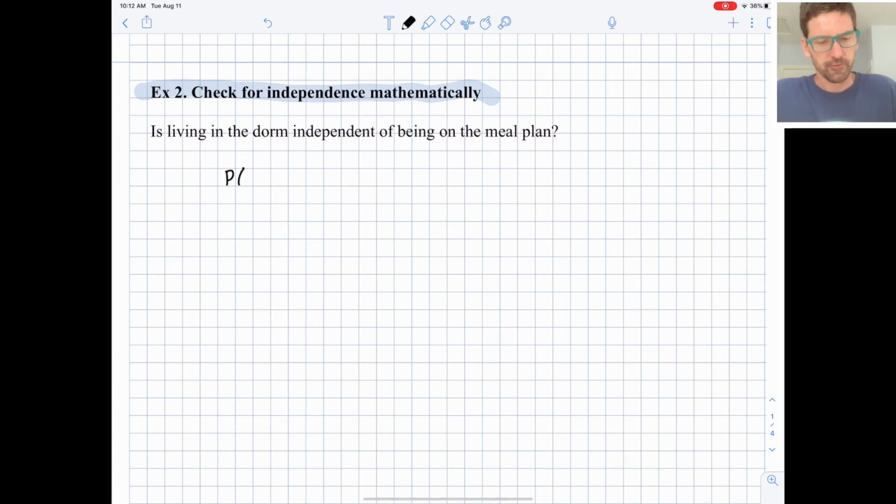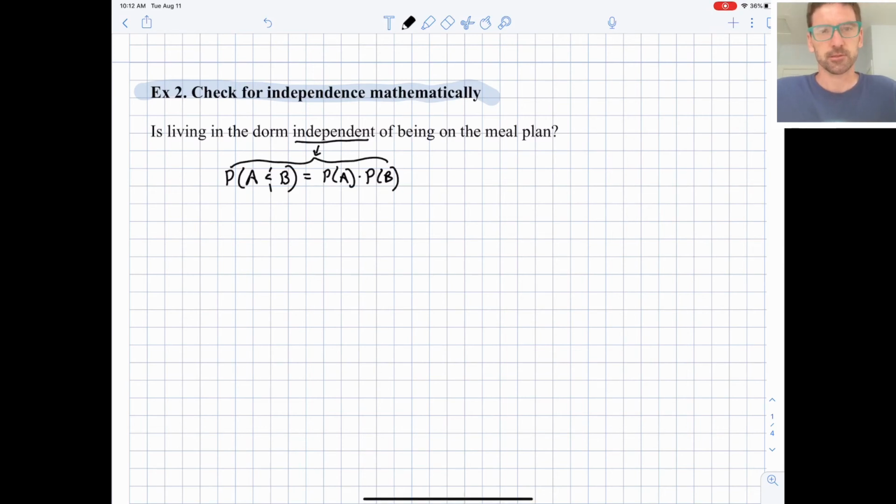So remember, if things are independent, then the probability of A and B is the probability of A times the probability of B. So if things are independent, then this statement is true. Let me give myself a little more space here.